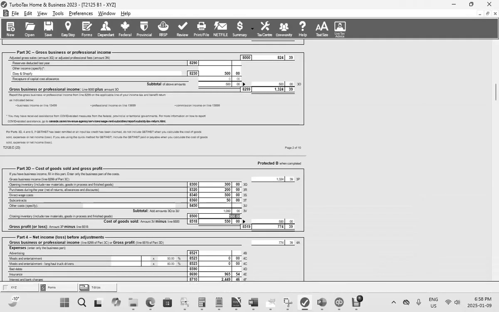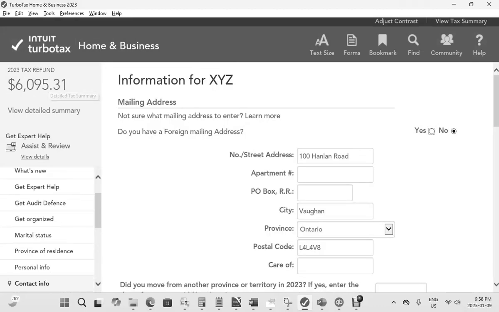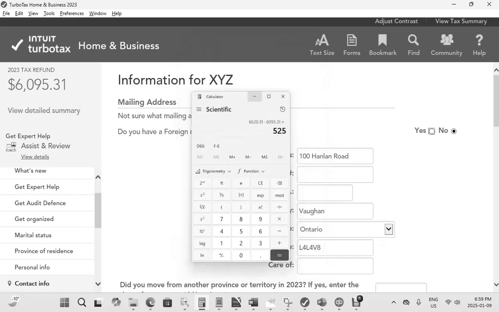If you were to change this figure to $3,000, notice your tax refund goes down. This is a difference of over $500, 525 to be exact.